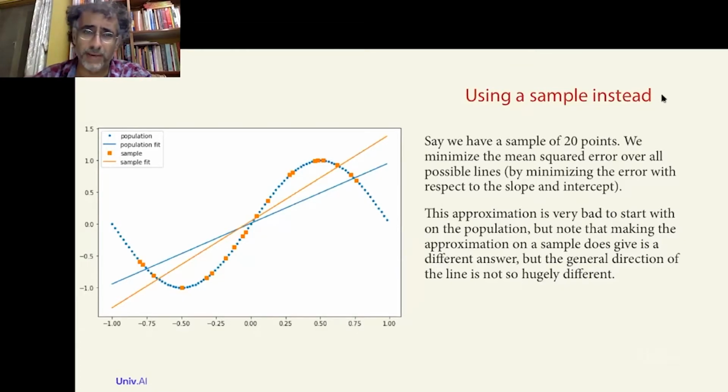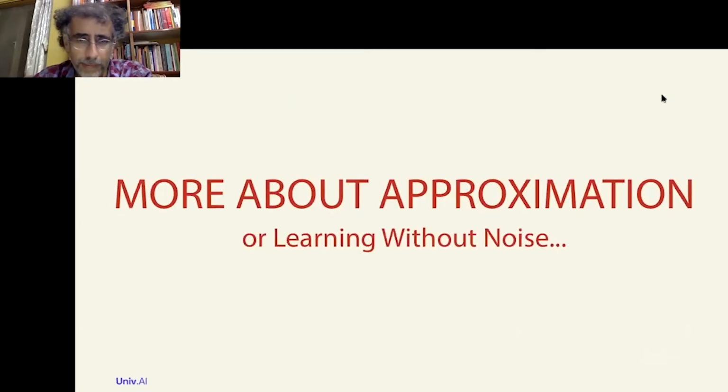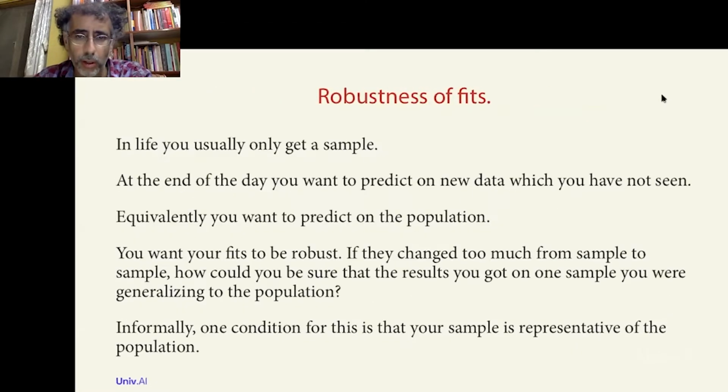Generally, 20 points out of 100 has a very high probability of being fairly equally spaced. But it's absolutely possible that the 20 points may be all next to each other and on the left of the graph. And then you would be out of luck, as Sukriti pointed out, on the right side of the graph. So you want your sample to be representative of the population, otherwise you're out of luck.